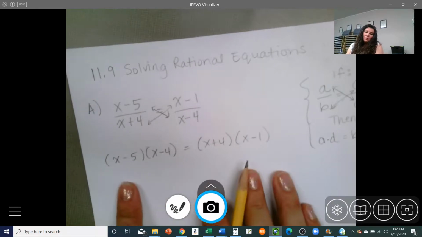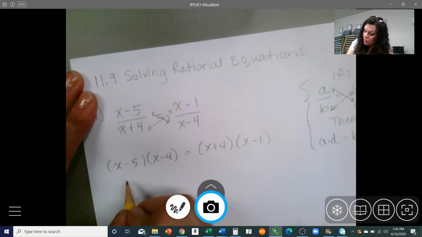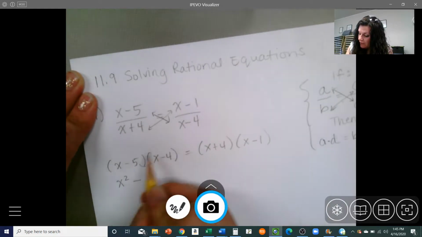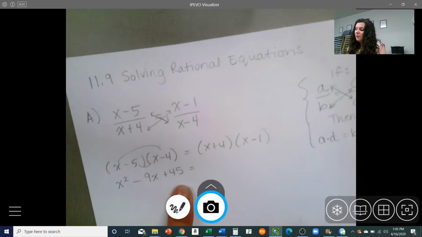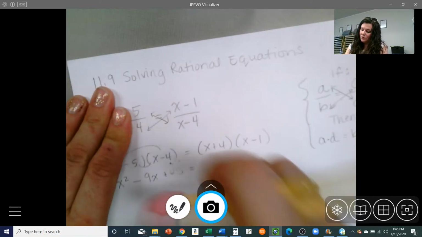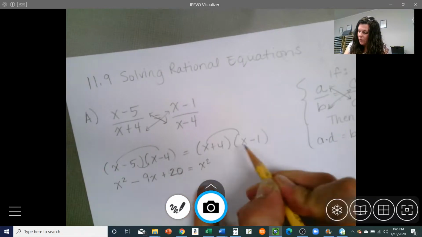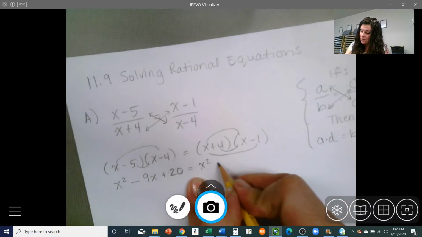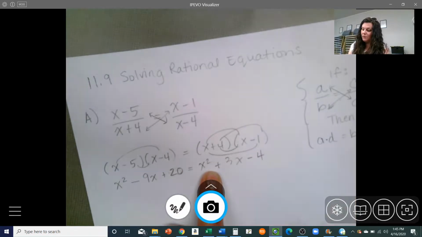Since there's nothing that will divide out, because every term is unique, I am going to distribute. So I have x squared, minus 5x and minus 4x, so minus 9x, plus, sorry, 5 times 4 is 20. And then x squared, I have a plus 4x and a minus x, so plus 3x, and then 4 times negative 1 is negative 4.